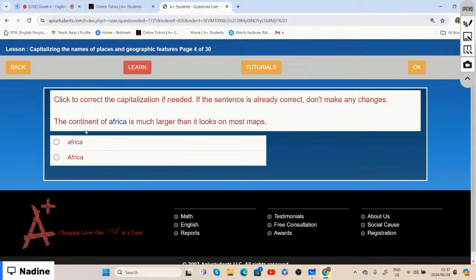And the continent of Africa is much larger than it looks on most maps. So, Africa, do we write it like option one or option two? Africa.